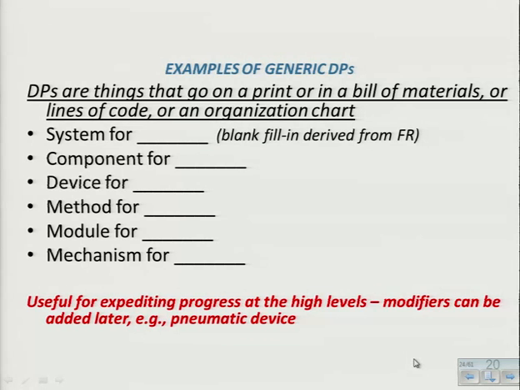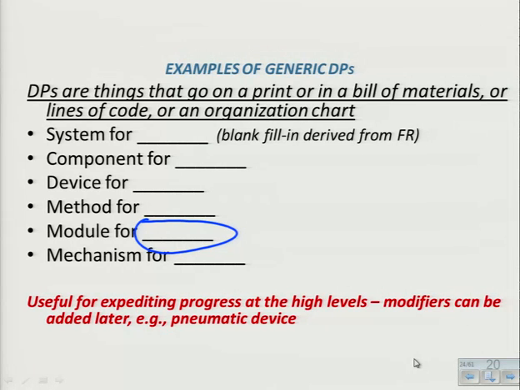But we might have some other things and some other sort of design concept. And so we could say, well, we need a system for something, or a component for something, device, method, module. So what we do essentially is fill in this blank with whatever we derive from the FR that fits in there appropriately.